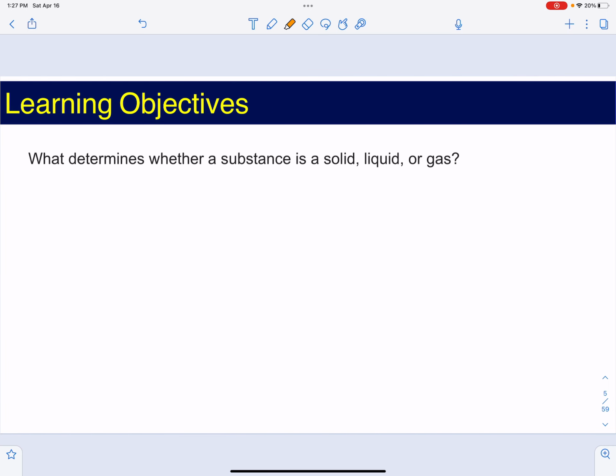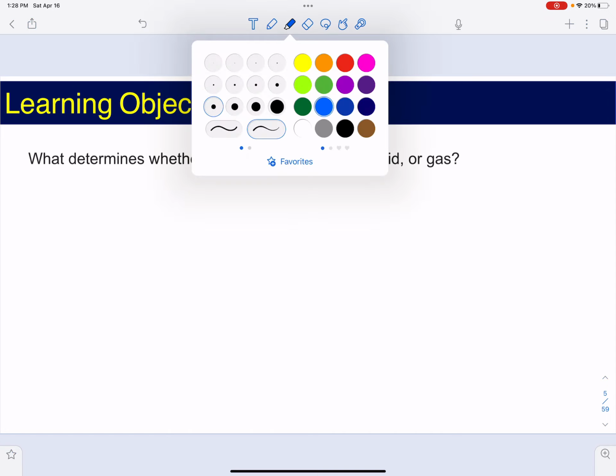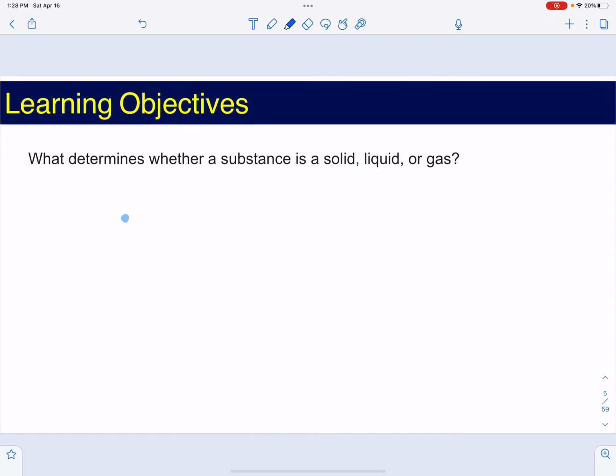So, knowing now what you know about intermolecular forces, which is attraction between molecules, what determines whether a substance is a solid, liquid, or gas? Well, let's say you have a collection of molecules like that.